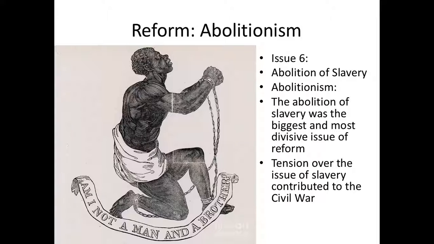But again, remember that the issue of the abolition of slavery becomes the biggest and the most divisive issue. It is the biggest driver of sectionalism, especially after the Second Great Awakening makes people see slavery as a sin against God, and especially whenever the United States acquires territory west of the Louisiana Territory, and there is no good compromise to settle the issue of slavery in the West.